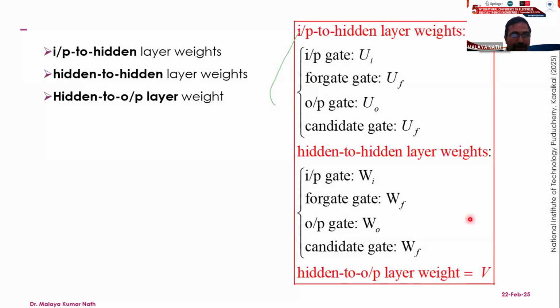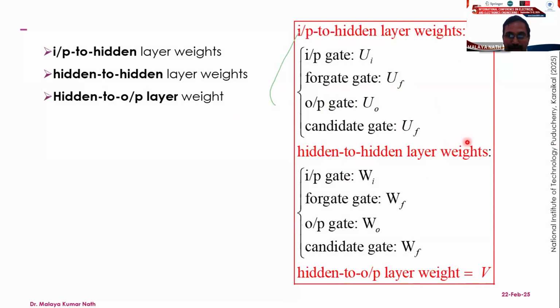Now these three weights have to be calculated for all the gates. That means the input to hidden layer weights, hidden to hidden layer weights, as well as hidden to output layer weights. For the input to hidden layer weights, there is UI for the input gate, UF for the forget gate, UO for the output gate, and for the candidate gate, it is known as UF.